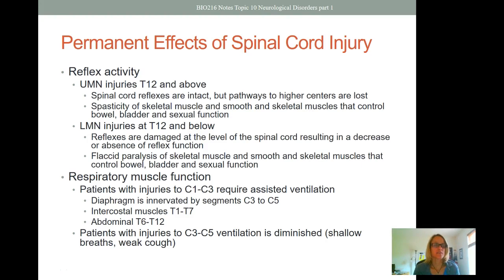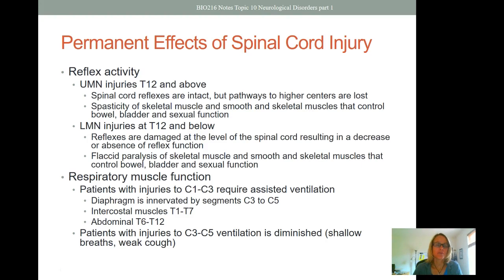Reflex activities. If we have an upper motor neuron injury at T12 and above, we have spinal cord reflexes that are intact, except at the absolute level of injury. But if the lower motor neuron is damaged, then we won't have reflexes at that level.